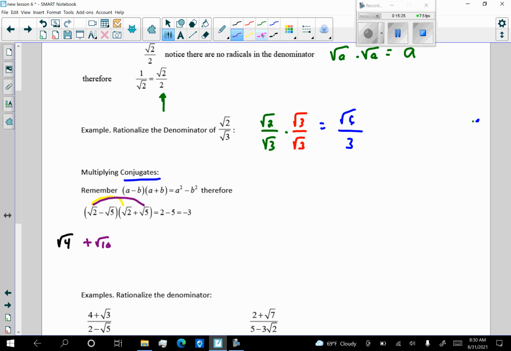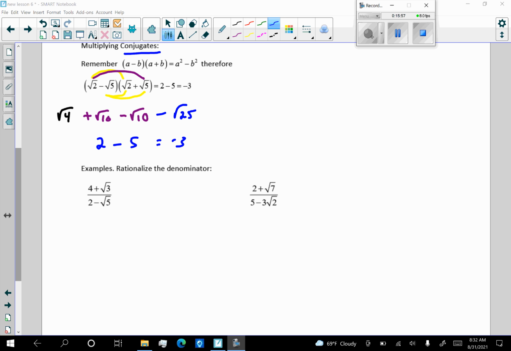And if I take square root of 5 times square root of 2, this is a negative square root of 10. And if I take square root of 5 times square root of 5, that's going to be minus square root of 25. And look what happens. These guys are gone. I have square root of 4, which is 2. I have square root of 25, which is 5, and that's -3. That's why this is true. That's going to be very important to know.